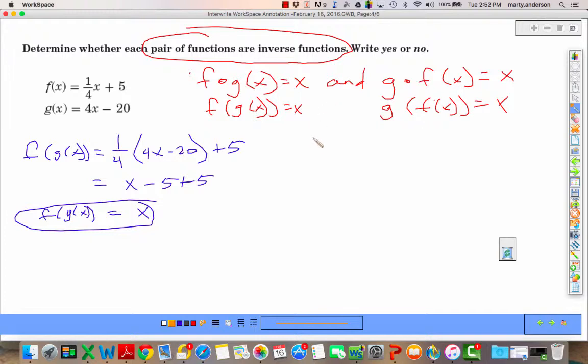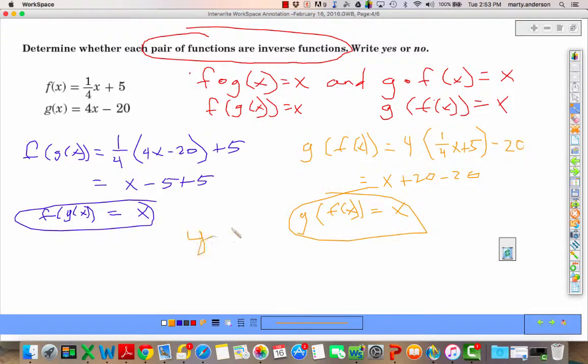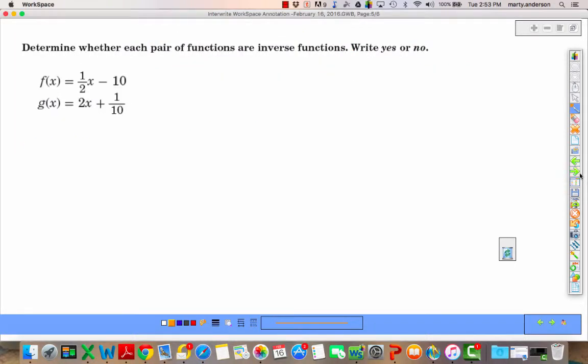Second half, we'll run g of f of x, where the f function goes right here: 4 times 1/4 x plus 5 minus 20. And we will go with x plus 20 minus 20 is x. Must show your work. G of f of x is equal to x. Yes, they are inverses. If you get one that's not equal to x, you've either made a mistake or they're not inverses.